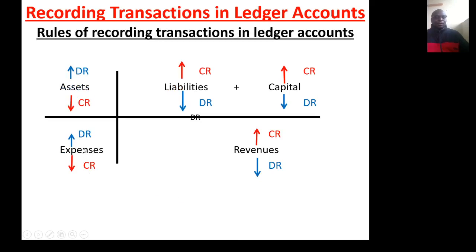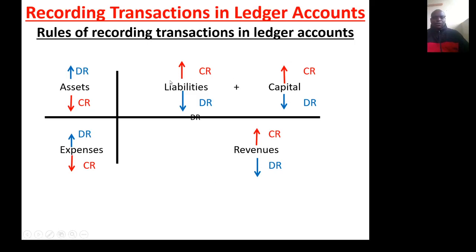The same applies to expense accounts. An increase, you debit, DR side, a decrease, CR side, or you credit. The opposite is true for liabilities, capital, and revenues.